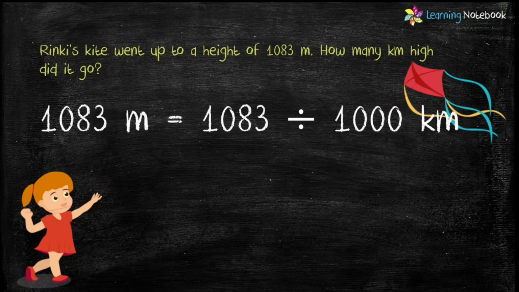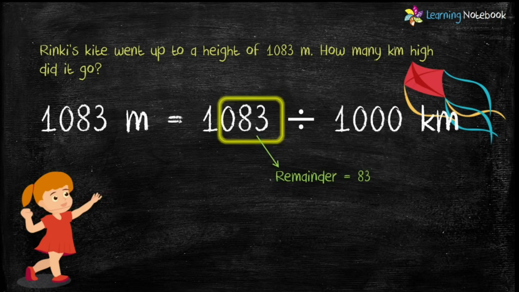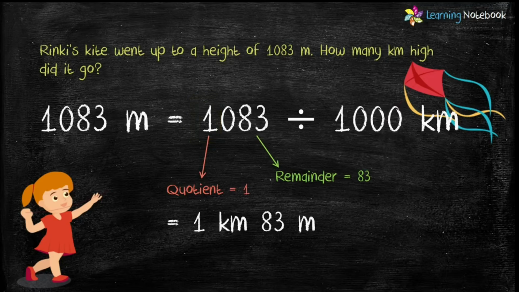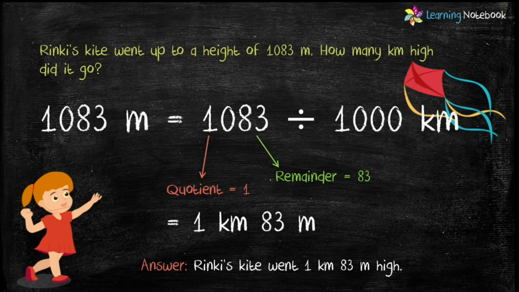So 1083 meter equals to 1083 divided by 1000 kilometer. So here remainder is 83 and quotient is 1. So answer is 1 kilometer 83 meter. Let's write the answer statement. Rinky's kite went 1 kilometer 83 meter high.